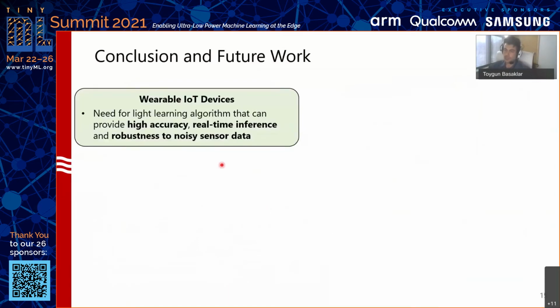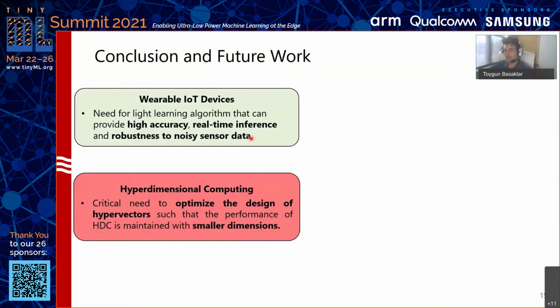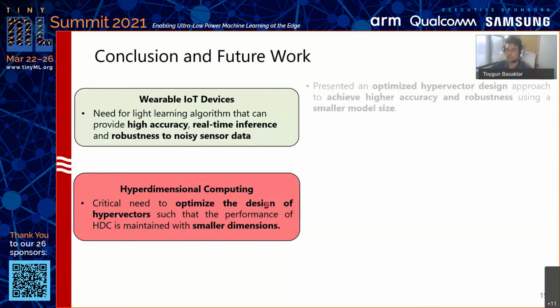So IoT applications require a lightweight learning algorithm that can provide high accuracy, real-time inference, and robustness to noisy sensor data. We also explained that there's a critical need to optimize the design of hypervectors such that the performance of HTC is maintained or increased with smaller dimensions. So here we presented an optimized hypervector design approach to achieve higher accuracy and robustness using a smaller model size.